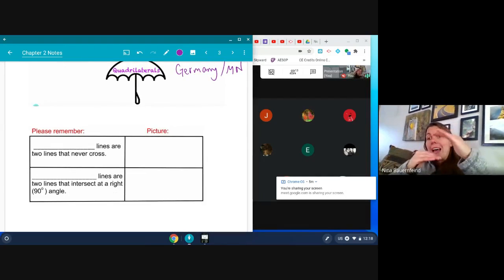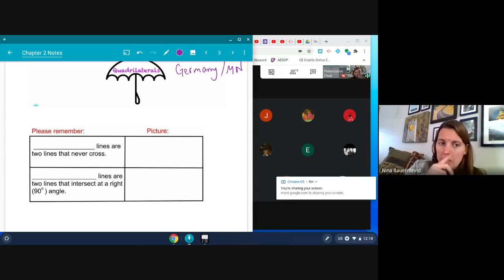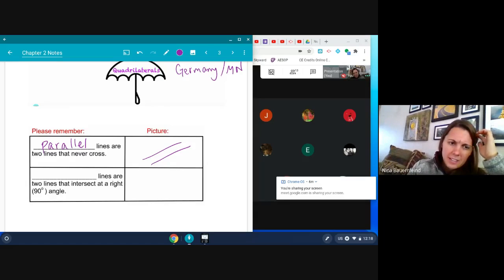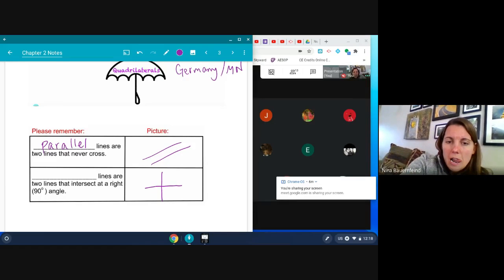So we're going to look at being even more specific than that. Lines that are never going to cross look like this, kind of like railroad tracks. These are called parallel lines. And lines that intersect at a right angle, like that, are called perpendicular.